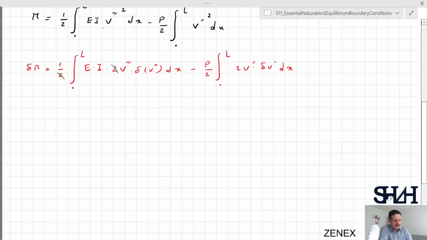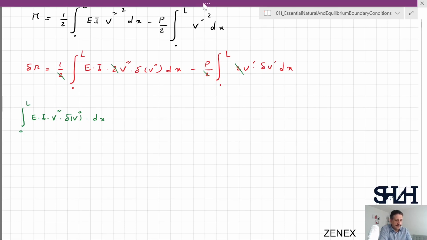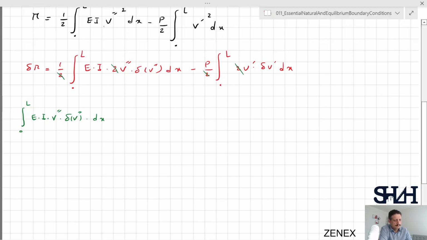I cross out 2 and 2, and let's start with the integration of EI second derivative of V times delta second derivative of V dx from 0 to L. If you remember from integration basics, the integration of u dv can be written as u times v minus integration of v du.